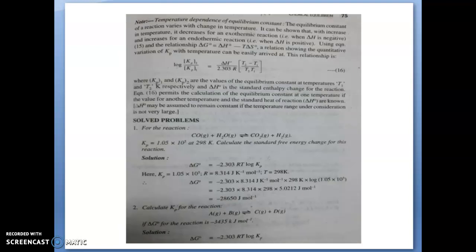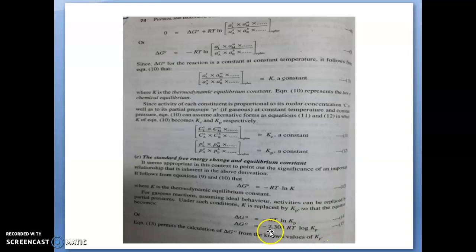This slide shows how Kp varies with different temperatures, that is, the temperature dependence of the equilibrium constant. We know the equation delta G0 is equal to minus 2.303 RT log Kp.